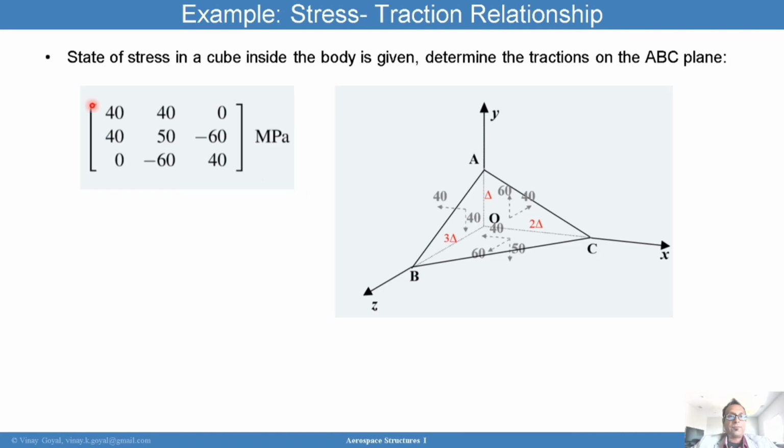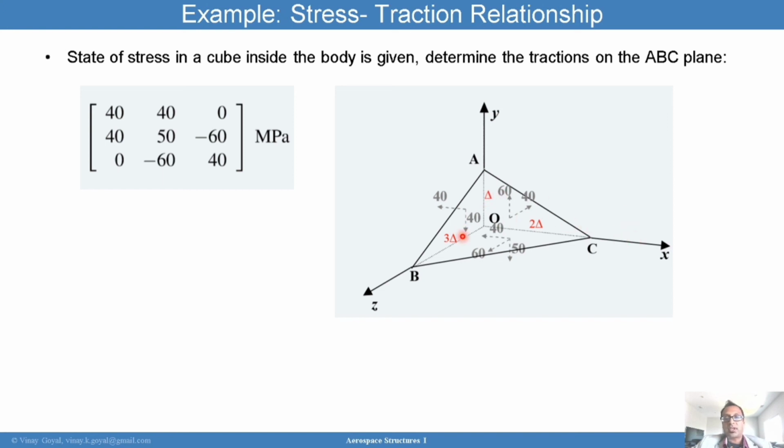Note that I have 40 as sigma xx, correctly so, on that face AOB. I'm drawing that so you can see what that looks like on the opposite face. I also have a shear load of 40, which is sigma xy. That makes sense. It's on the x face, in the y direction, and it's pointed downwards because it's on the opposite face to x.